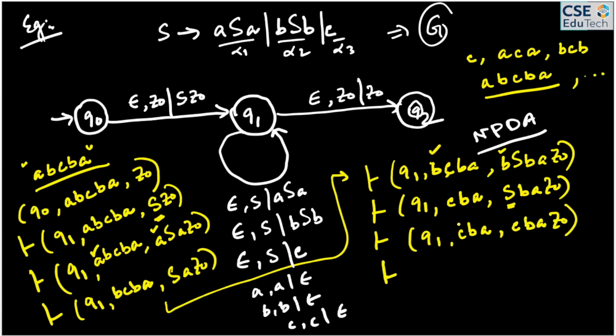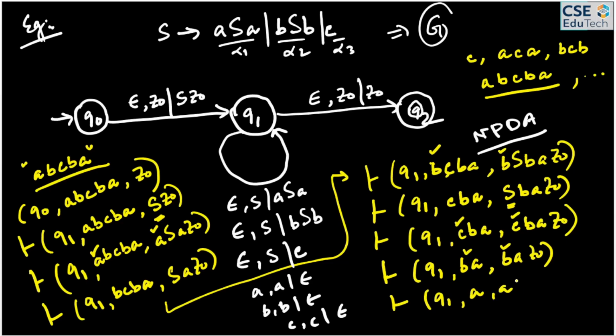Now when c comes and the stack top is c, replace it by null. So it will be Q1, ba, BAZ0. Again, when b comes and the stack top is B, replace it by null. So it will be Q1, a, AZ0. When a comes and the stack top is A, replace it by null. It will be Q1, the string is exhausted, and Z0.